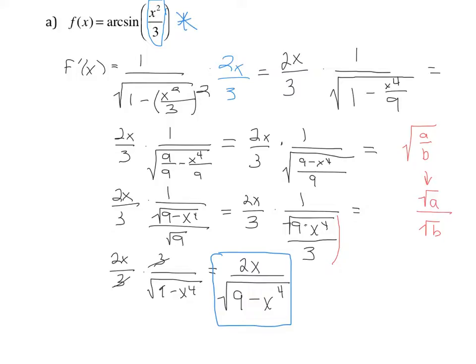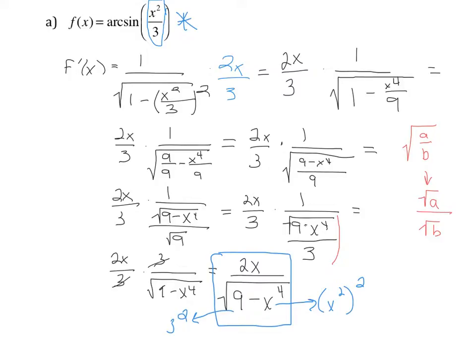For example, what about this x to the 4th? Where did that come from? Well, that x to the 4th was x squared, that thing that we saw in the numerator, squared. The 9 was the 3 squared.